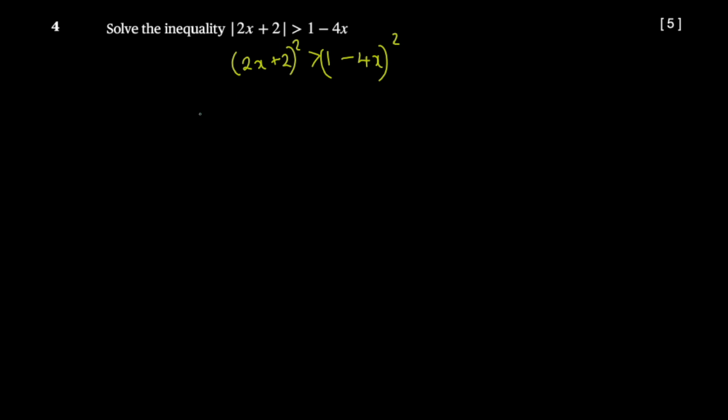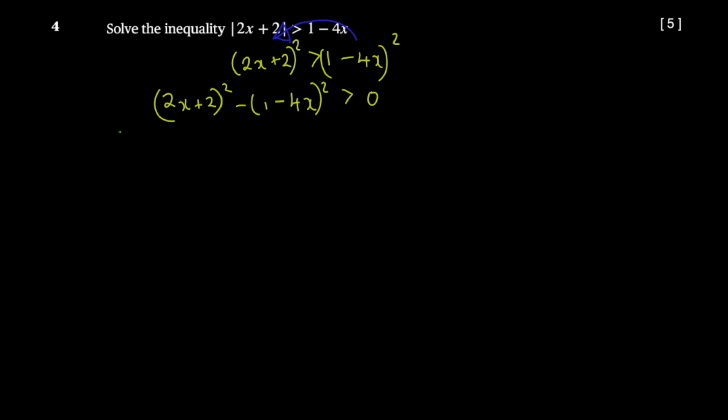After squaring, some people would want to expand. It's still fine if you want to expand, but then you'd have to factorize again. A smart way to go about it would be to use the difference of two squares. This is how you'd create it. Kick this one over to this side, you'd have a square here and a square there.